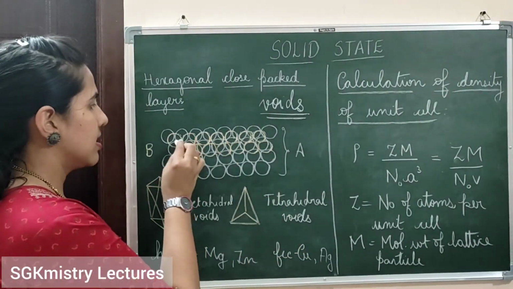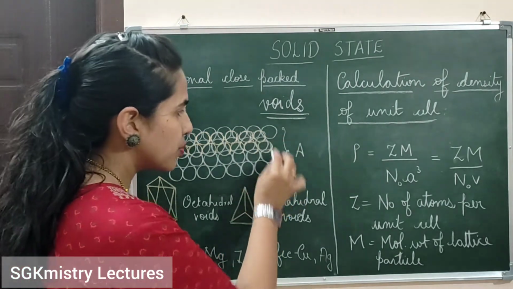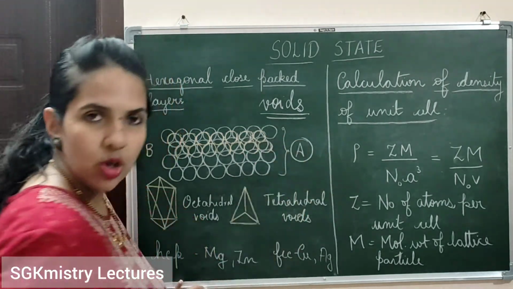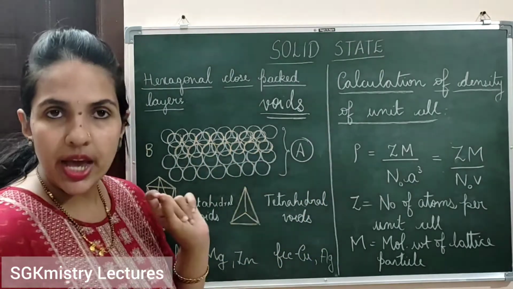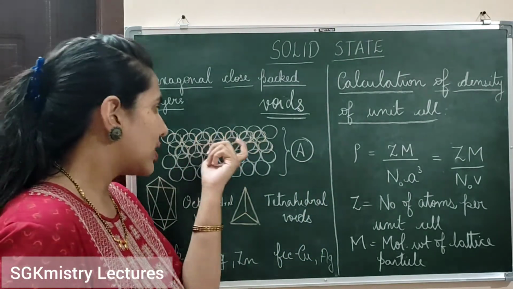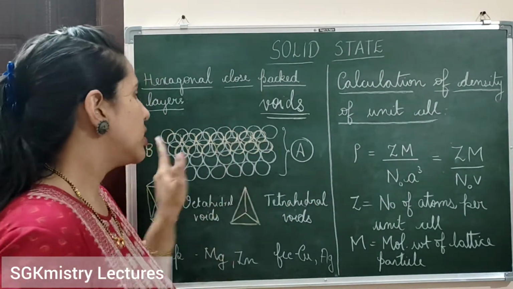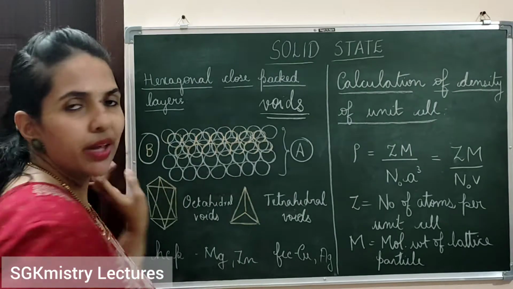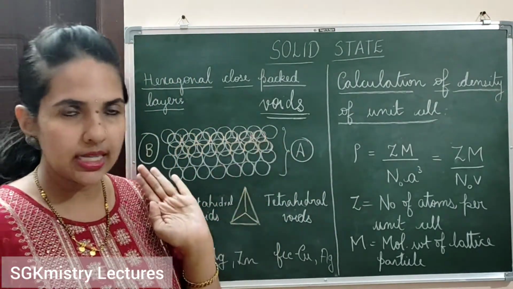This is the lower layer which I have written in white. That arrangement of the lower layer is called arrangement A. Now the upper layer which I have written in brown is different from the arrangement of the lower layer, so let me write it as B. The lower arrangement is A, the upper one is B.